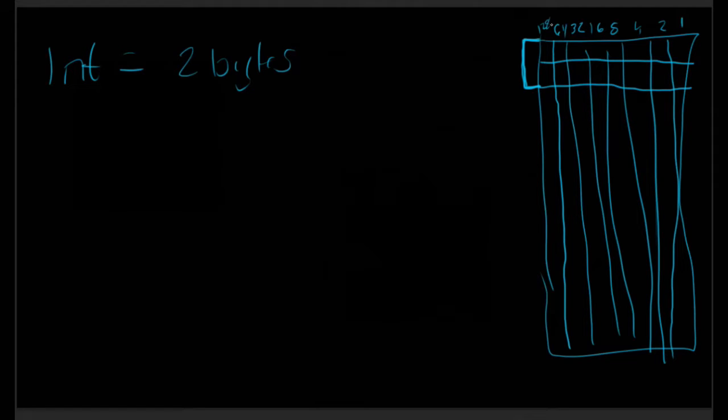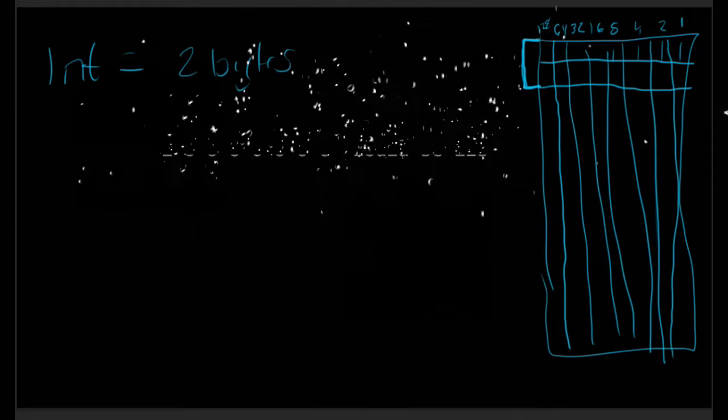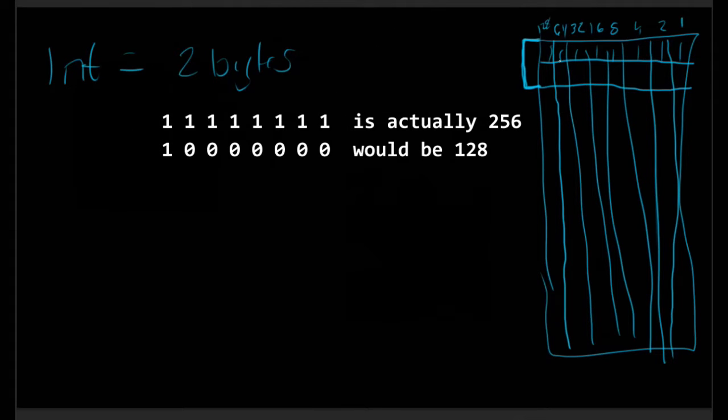So this means that if I wanted the number 128 in here, I would have a 1 in that box. If I wanted 65, which we did with the letter A, I would have a 1 in that box, a 1 in that box, and all these others would be 0s.